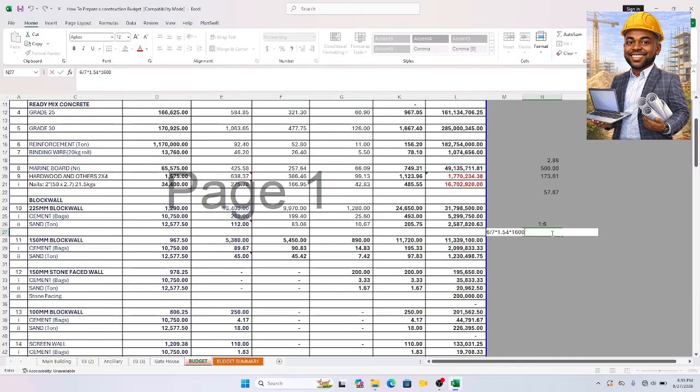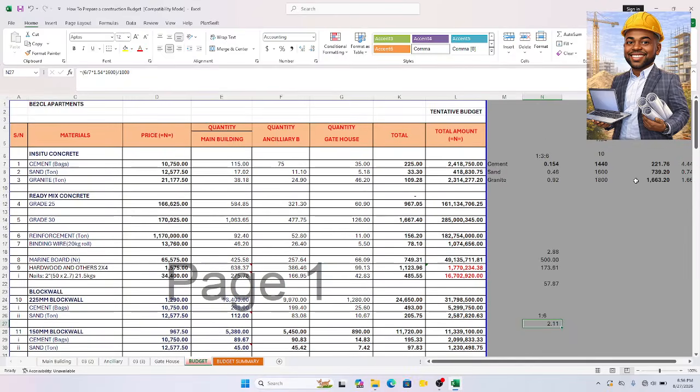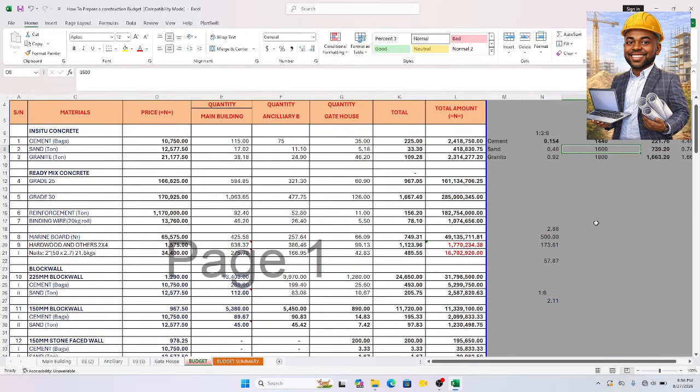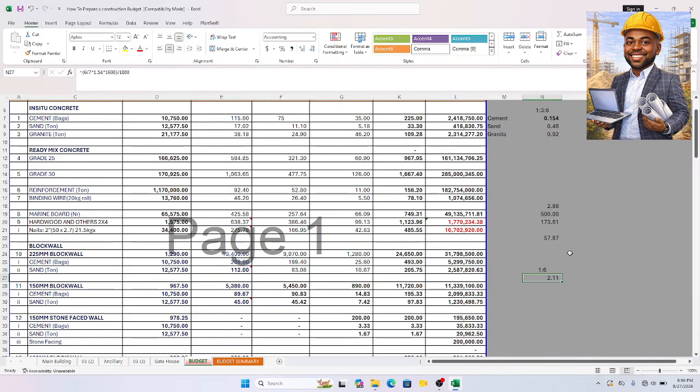We are using 1/600, divided by 1000. They're saying 2.11, 1600, right? Is 6/7. 2.11 tons.